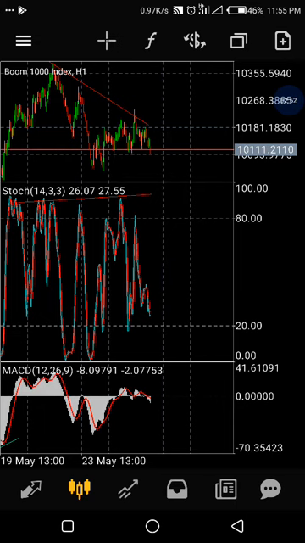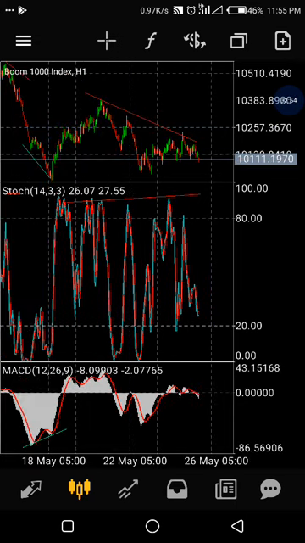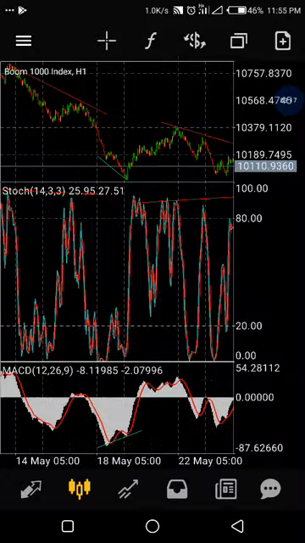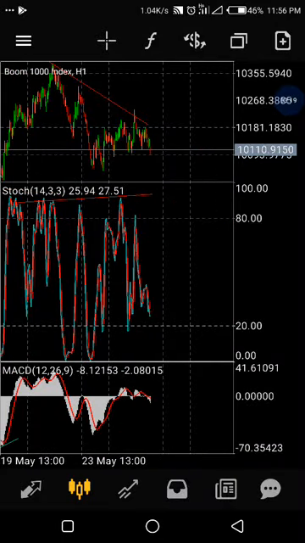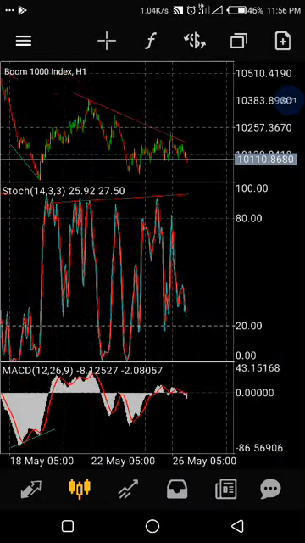We have different indicators that note these divergences. We can use the RSI, the CCI, the stochastic, the MACD. We have so many indicators that indicate divergence. So now I'm going to show us how to use the stochastic and the MACD to indicate divergence.